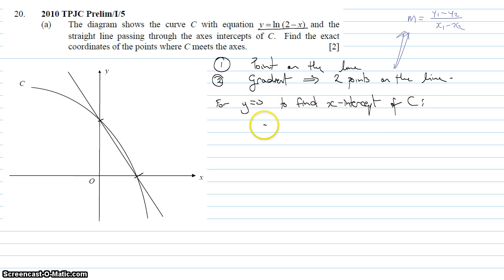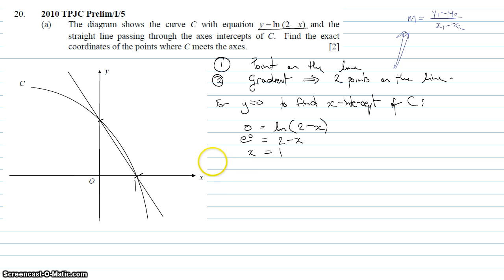So if y equals to 0, I get 0 is equal to ln(2 − x). Take e on both sides, so I get e to the 0 is equal to 2 − x. I get x is equal to 1, right? So the x-intercept down here is 1. What about the y-intercept?